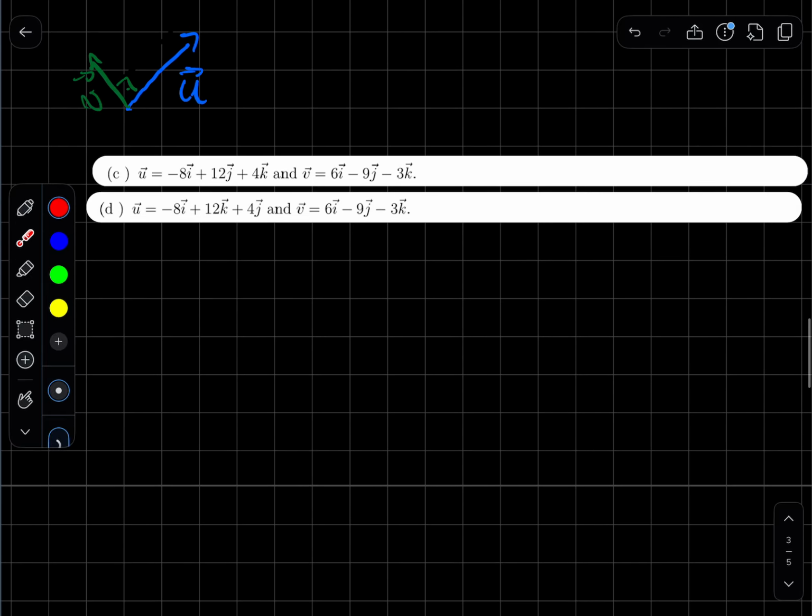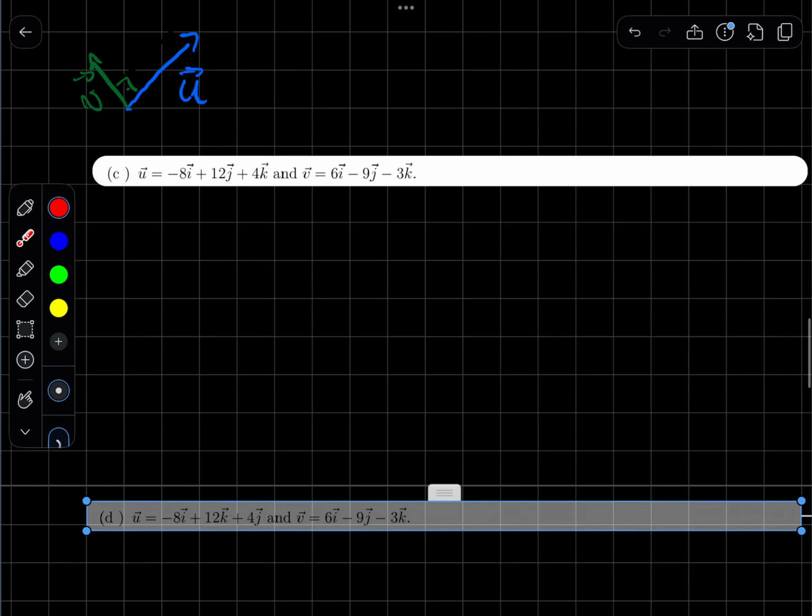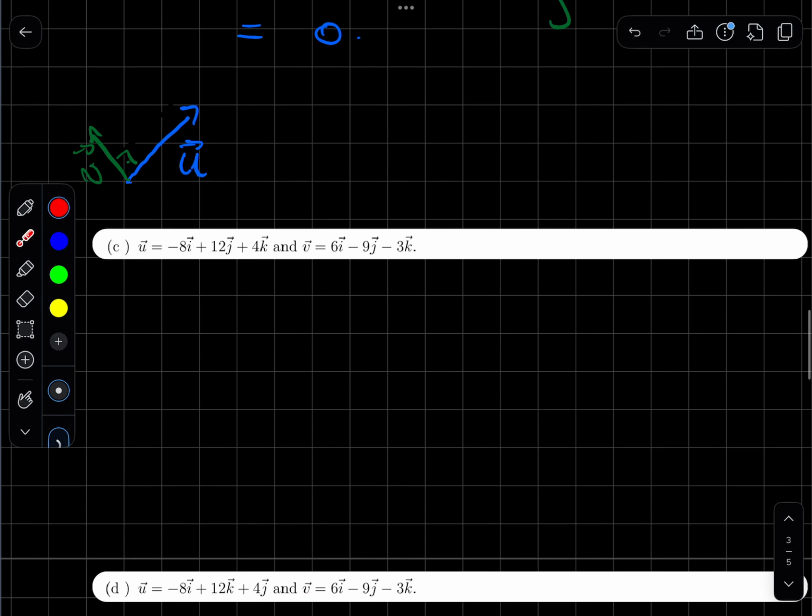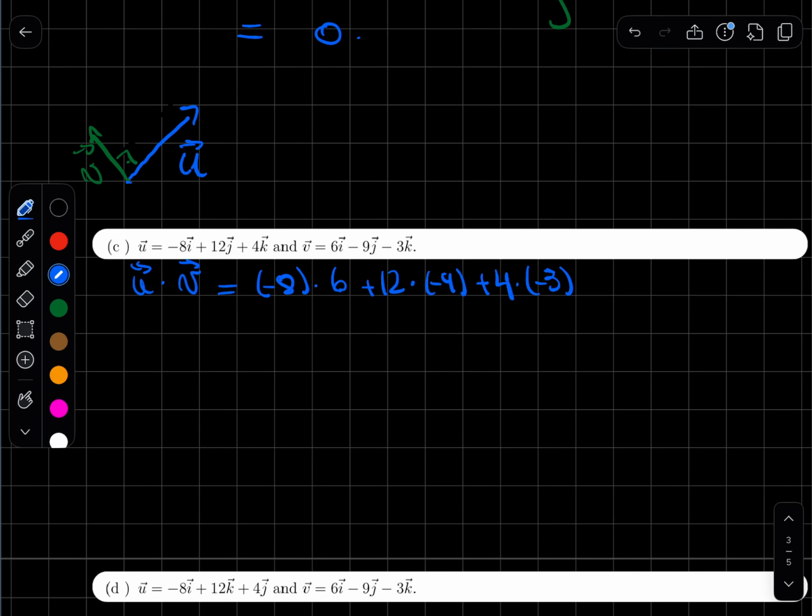Now let's talk C. I'll move D a little bit further down, and I think I'll be done. These are my last two examples. I'll do the same. I'll do u dot v. It's negative 8 times 6 plus 12 times negative 9 plus 4 times negative 3, right? Again, this is the ijk component form of the vector.